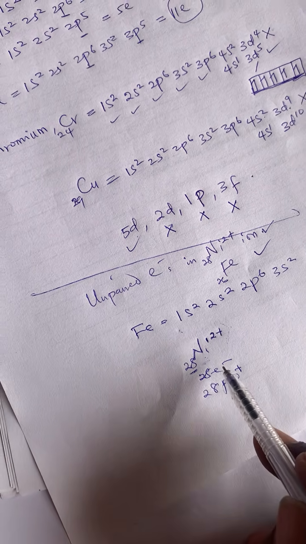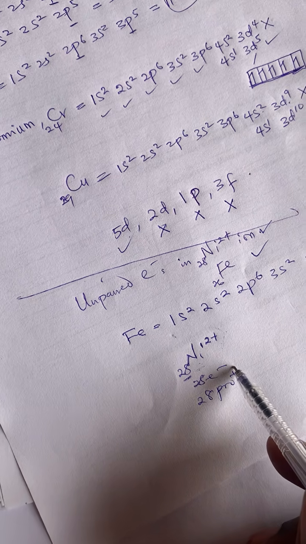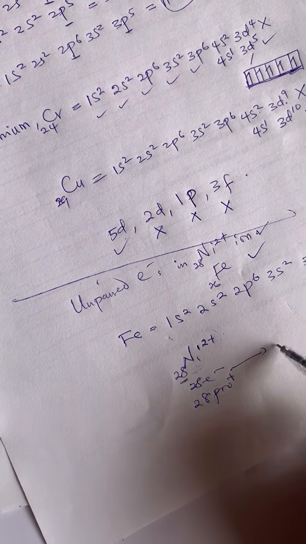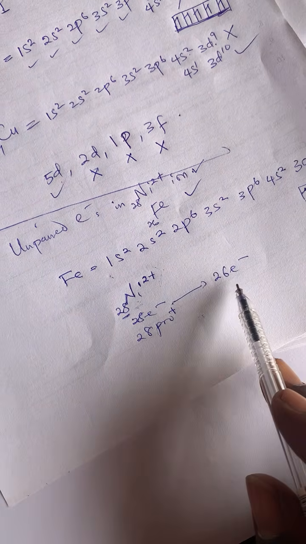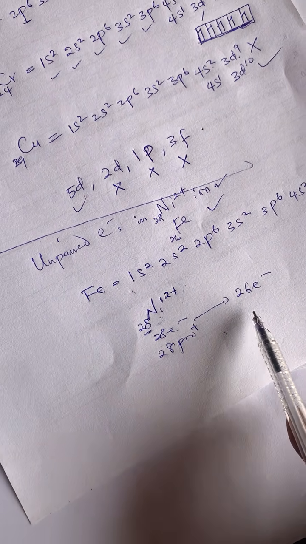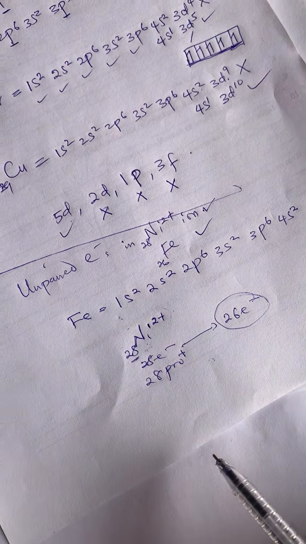So to have formed nickel 2+, 2 electrons have been lost, meaning that what it has now are 26 electrons, still maintaining the number of protons because the nucleus is conserved. So there are 26 electrons in the nickel 2+ ion.